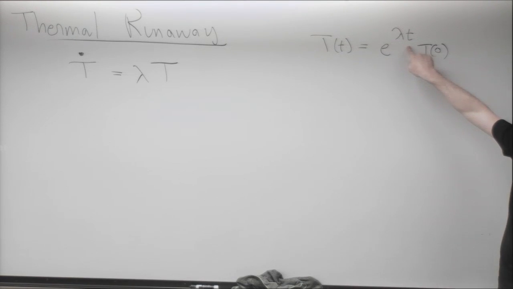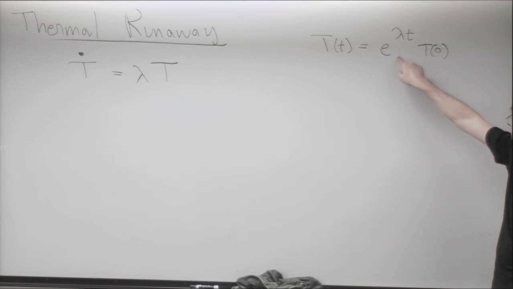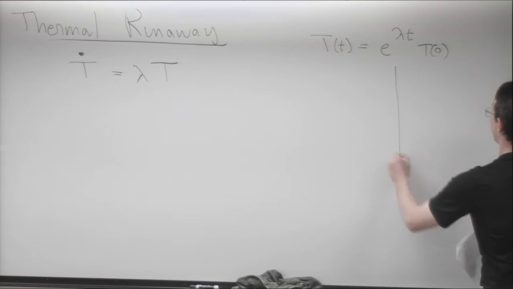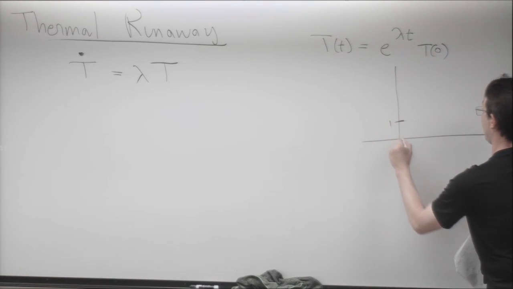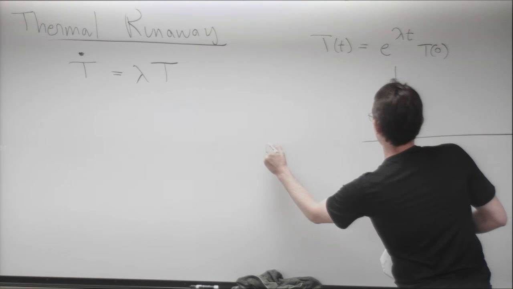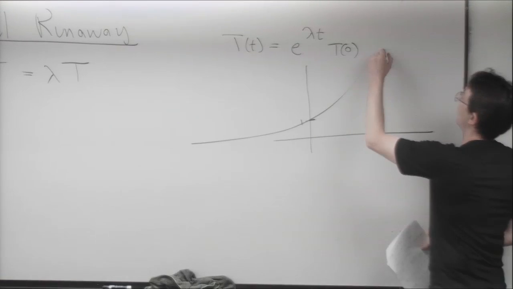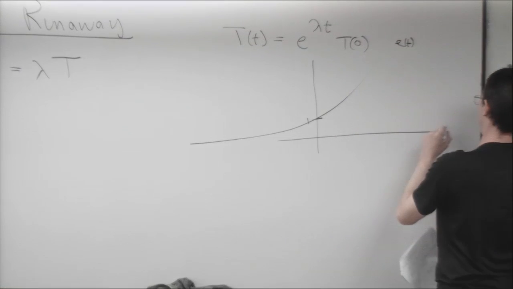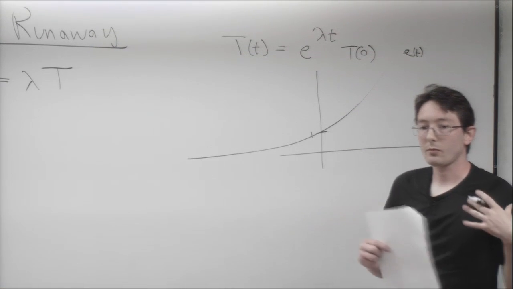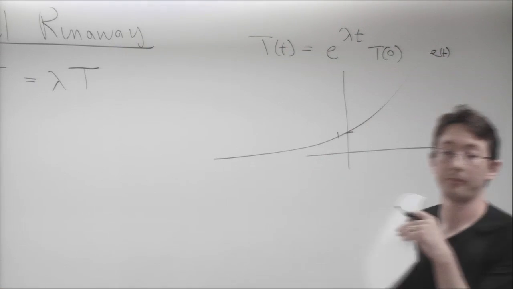So if I let time go to infinity, this goes to infinity. I should probably draw an exponential. Okay, that's my exponential function, e to the t. Why doesn't my temperature go to infinity?